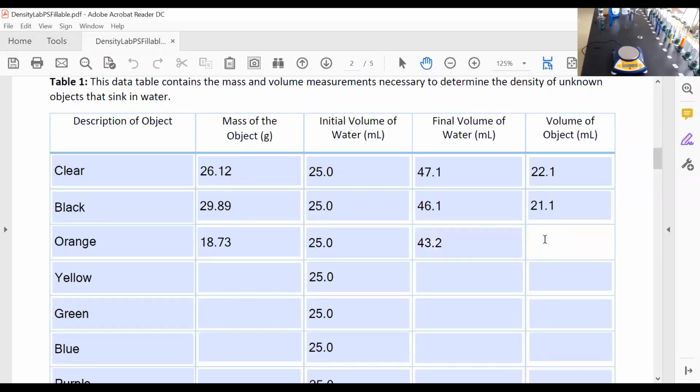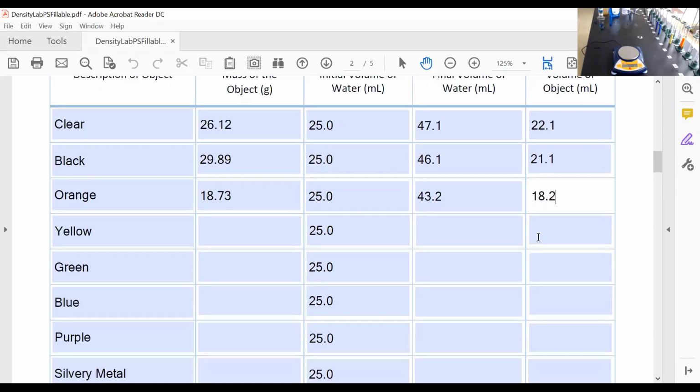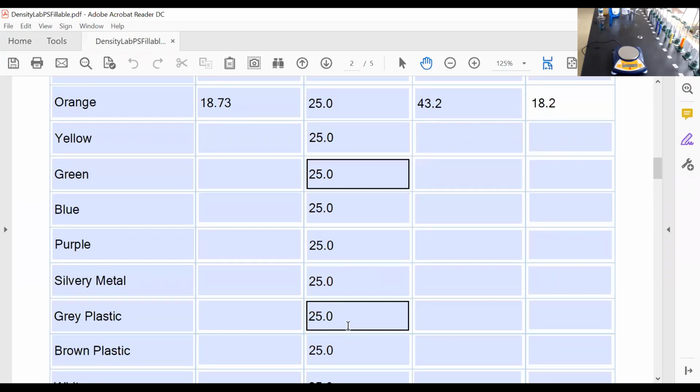So when we subtract these, we'll get a difference of 18.2 milliliters. And now we're ready to go and type this into our work section. So I'm going to slide this down.